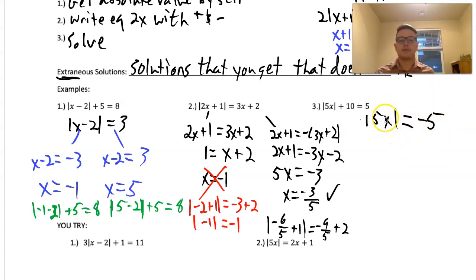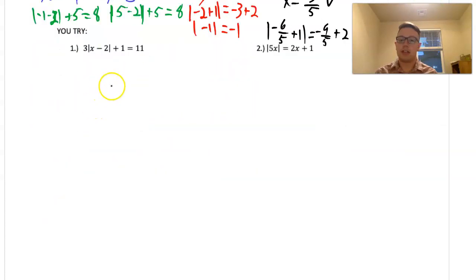No, it can't. Things will always have a positive distance. So if you get an absolute value equal to a negative number, there are no solutions. It is incorrect.